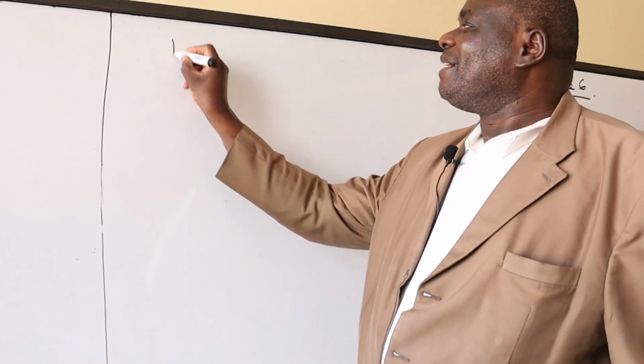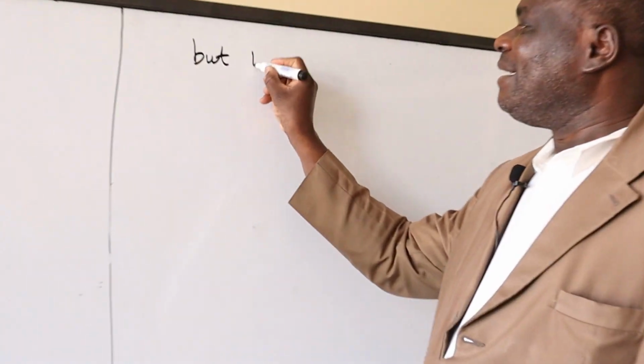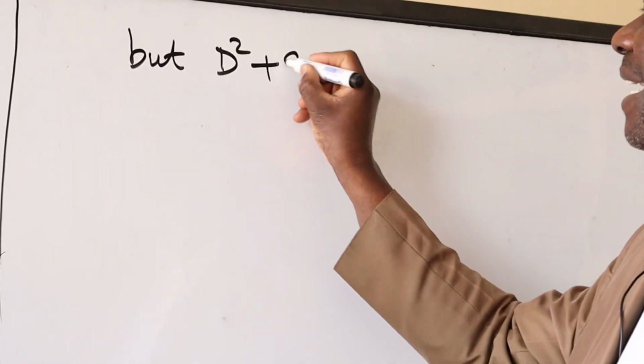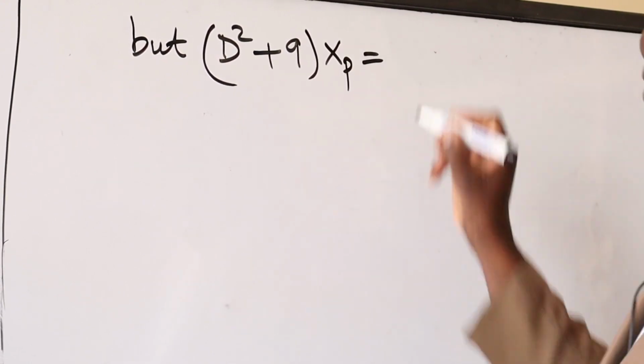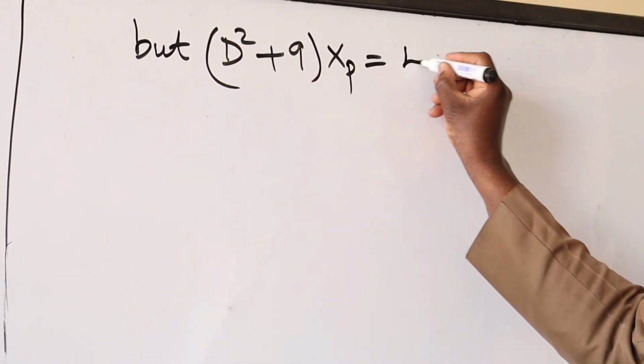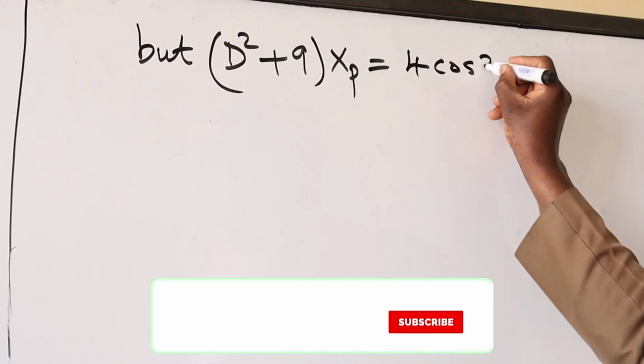We know D squared plus 9 into xp is the one to bring 4 cos 3t.